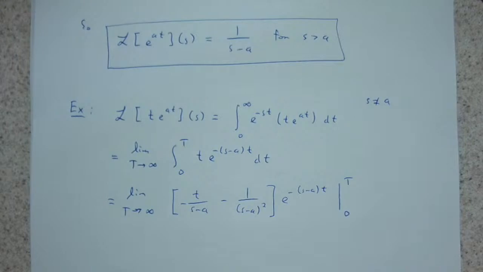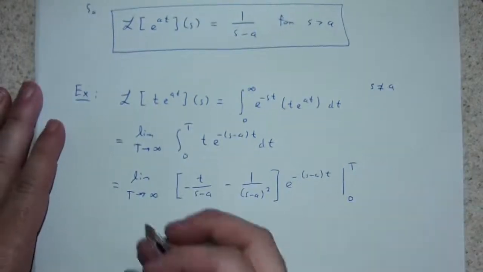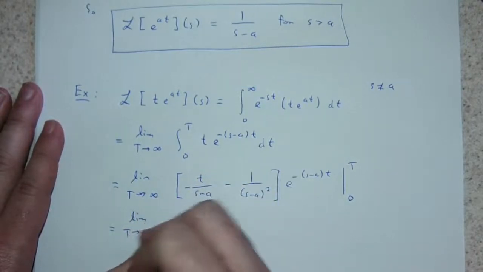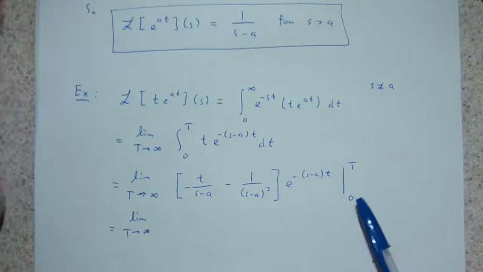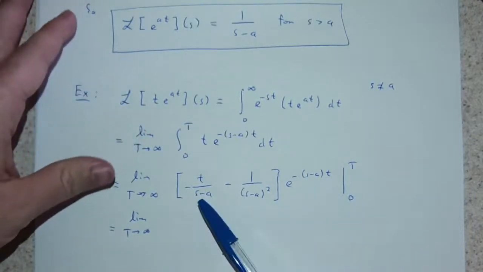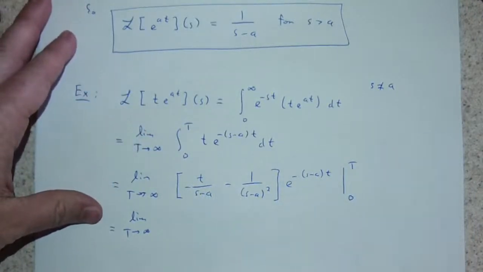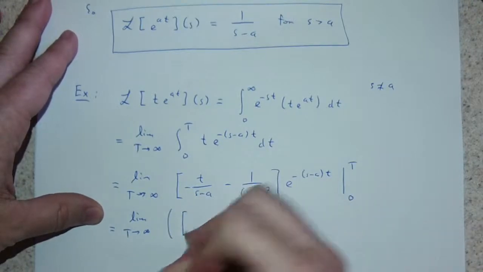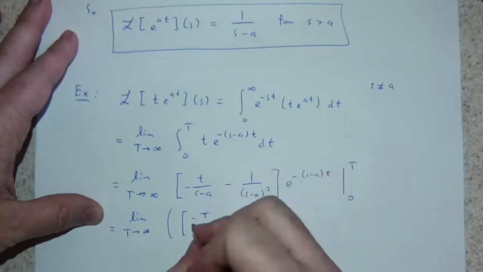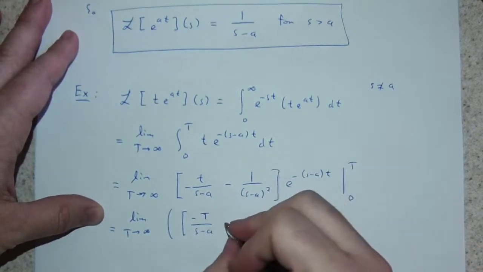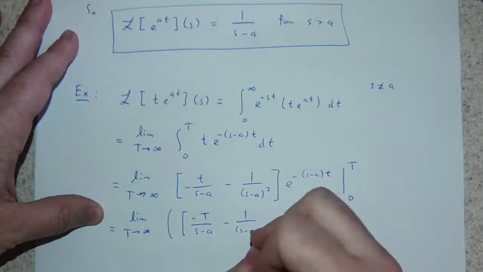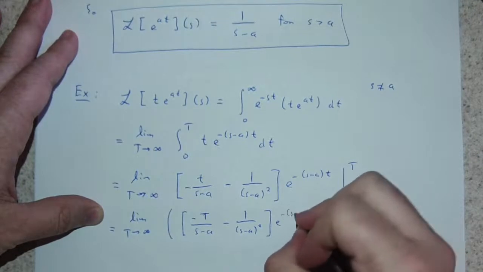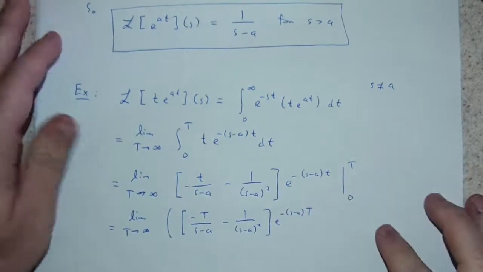Okay. So let's see how this evaluation works. So this is the limit as big T goes to infinity of, let's be careful here. Evaluating at big T, I'm going to get minus big T over s minus a minus 1 over s minus a squared times e to the minus s minus a times big T. Right?